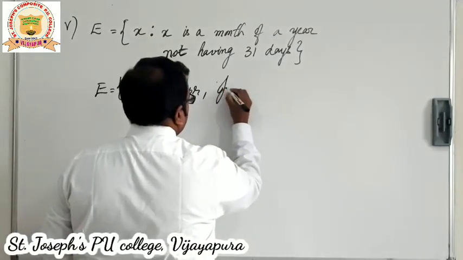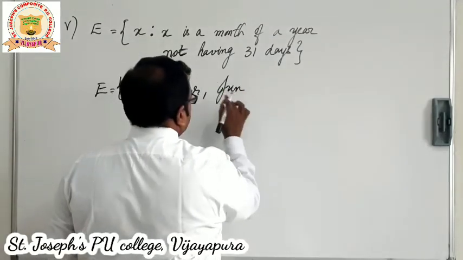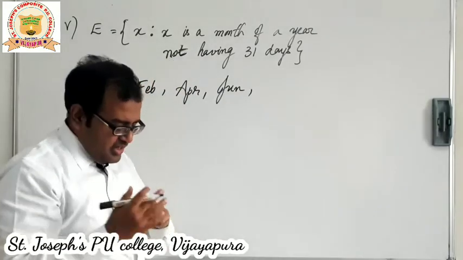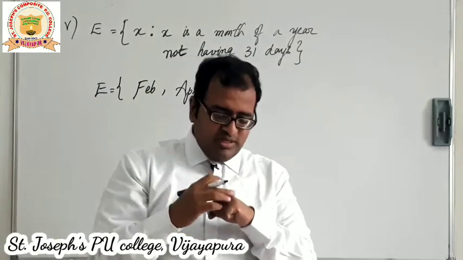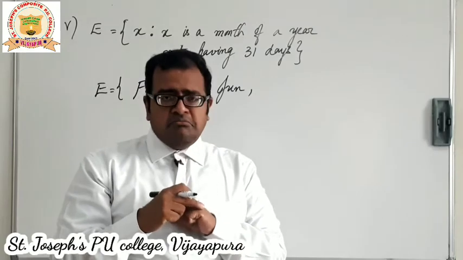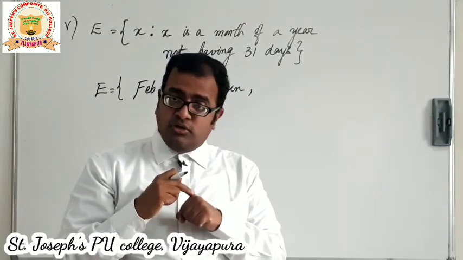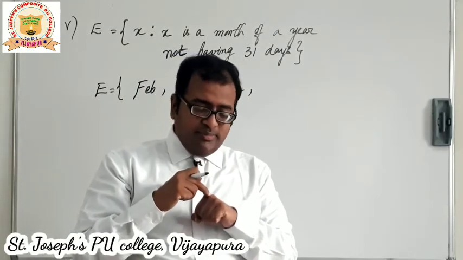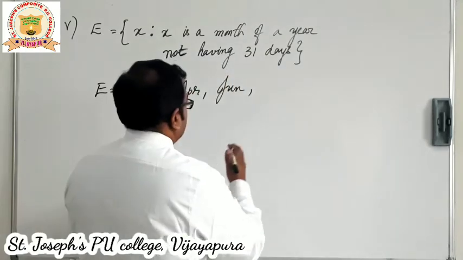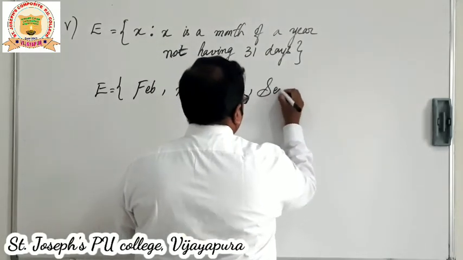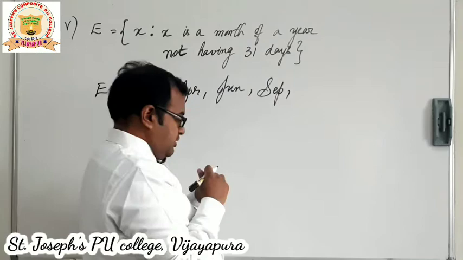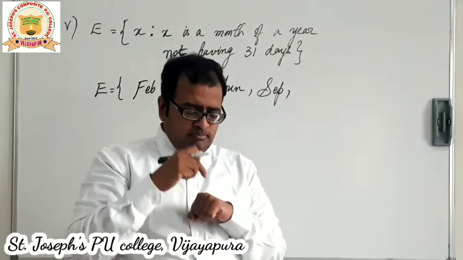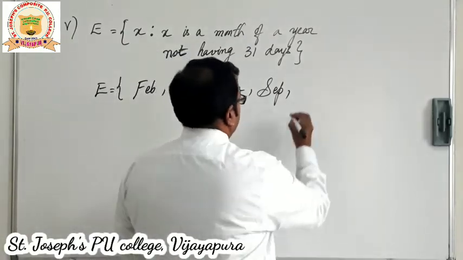Anyhow, I'm writing everything in 3 letters. So, June. July, no. August, no, they are all 31. September, 30. Okay, September. October. November. Yes.